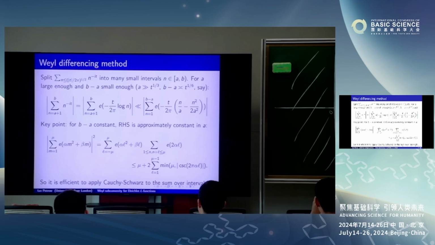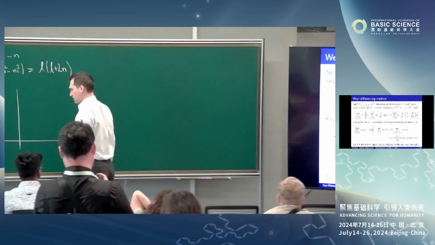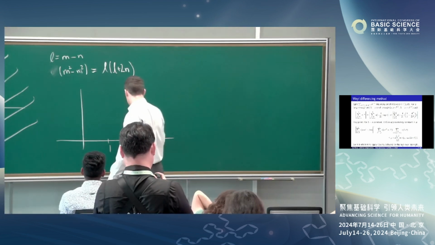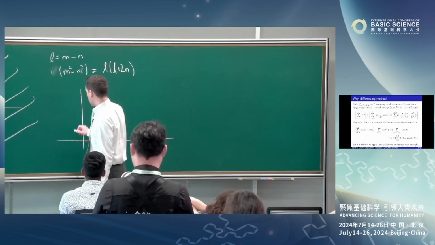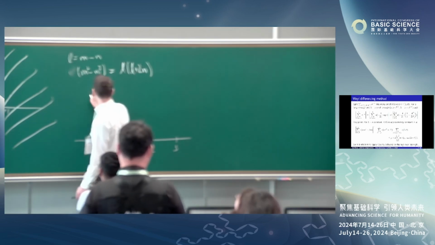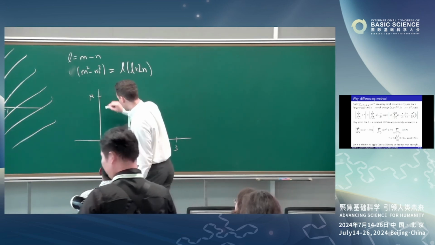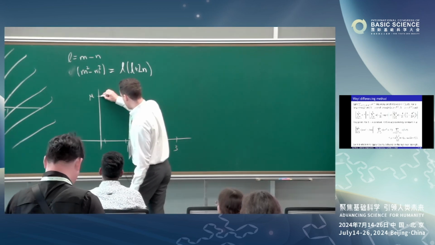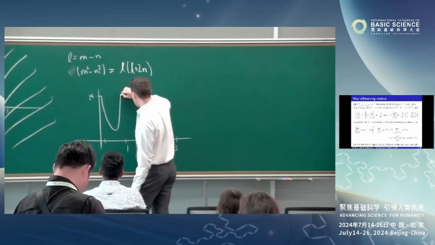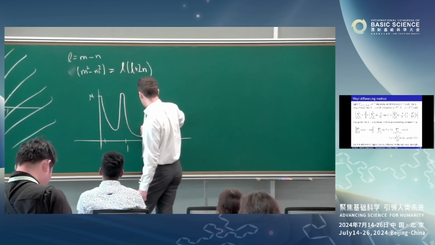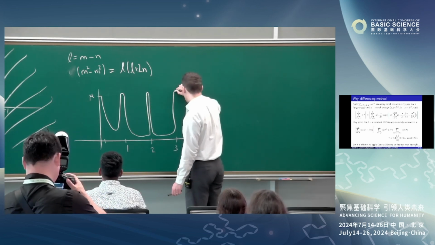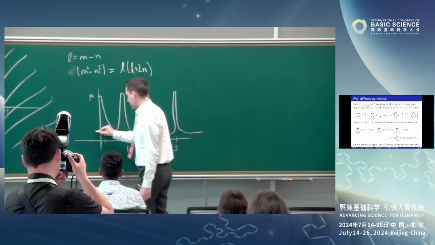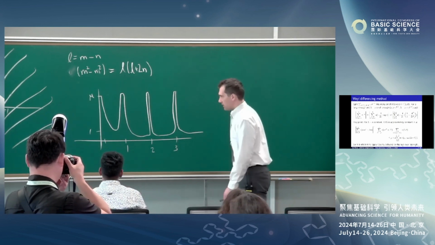It looks something like this: this is 1, this is 2, and this is 3. It goes up to height mu, goes out for a tiny way, then goes down and back up, and it's periodic. It only goes down to about 1.